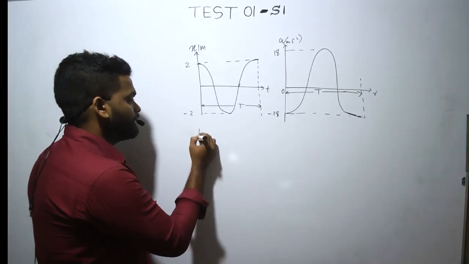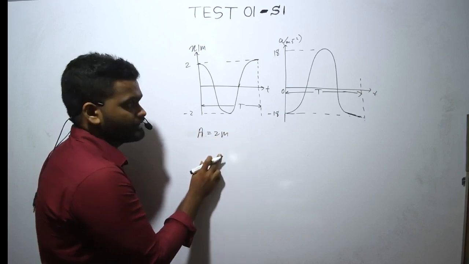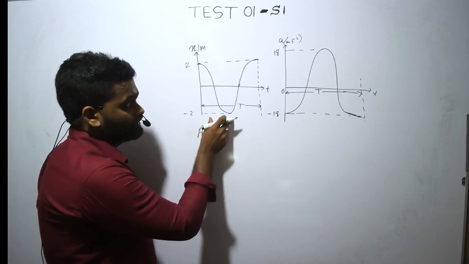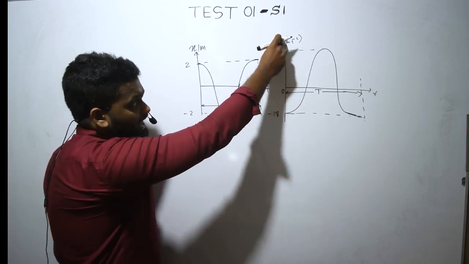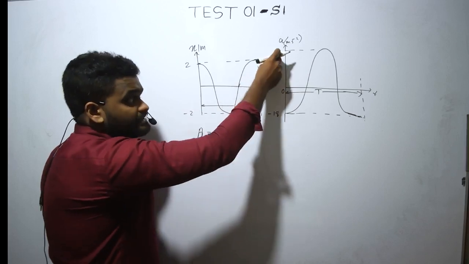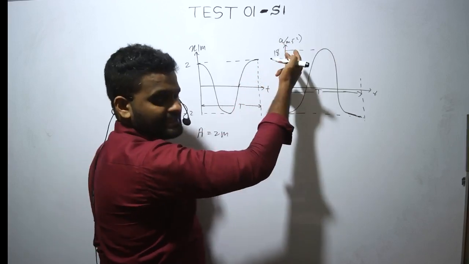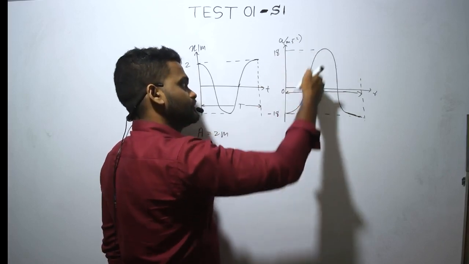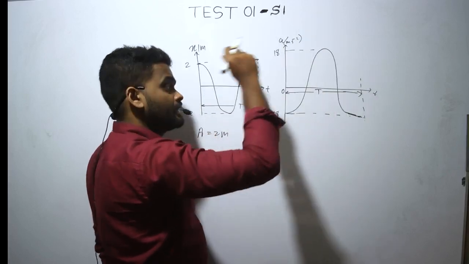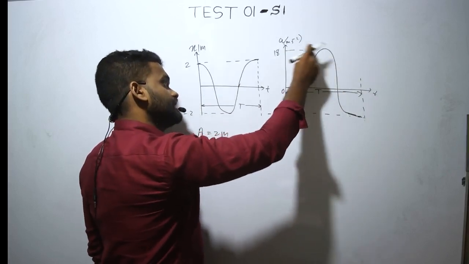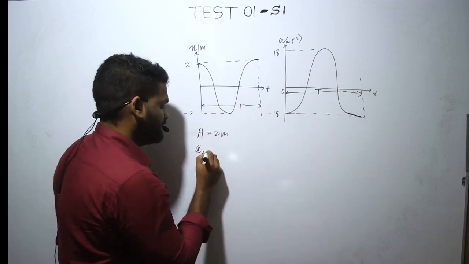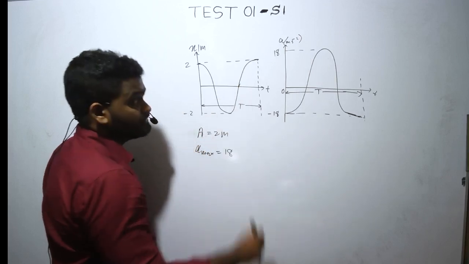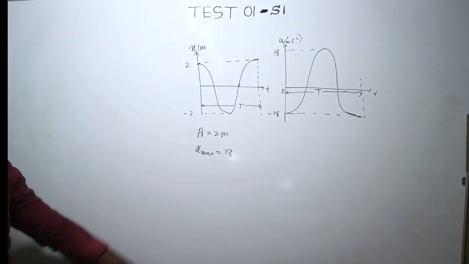So the amplitude is 2 meters. That we know from the graph. Here we have given the acceleration. This should be the maximum acceleration because it is simply the maximum value of the graph, right? It goes to the 18. It doesn't go beyond that. So the maximum value of acceleration is 18. So we know A max, that is 18 meters per square second.